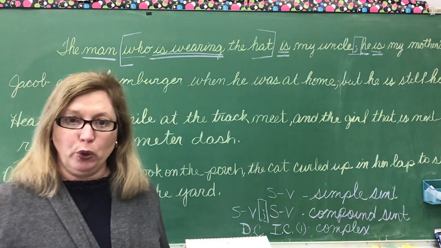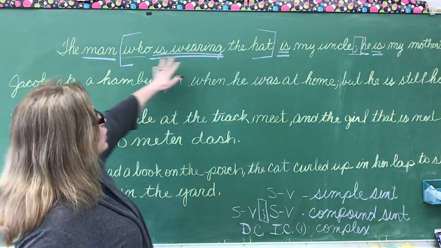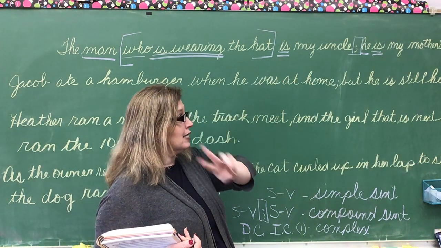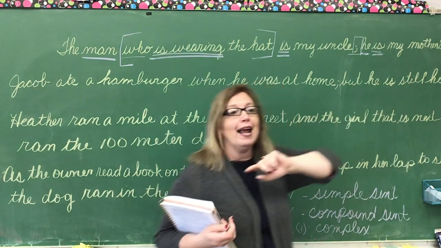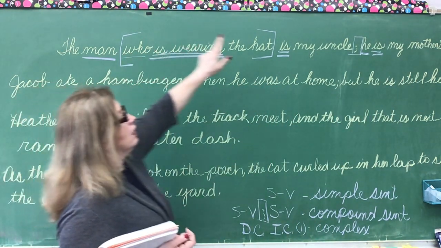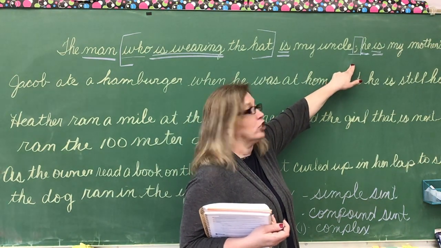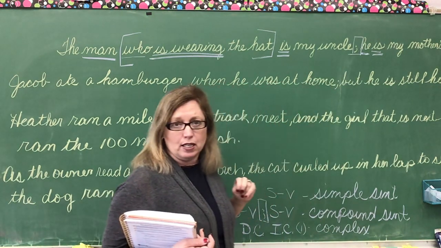So now let's look at it. Do we have two independent sentences? I do. The man who is wearing the hat is my uncle. That's the first sentence. The second sentence is, he is my mother's brother. So I have a subject, verb, semicolon or a conjunction, subject, verb. So I have a compound sentence.